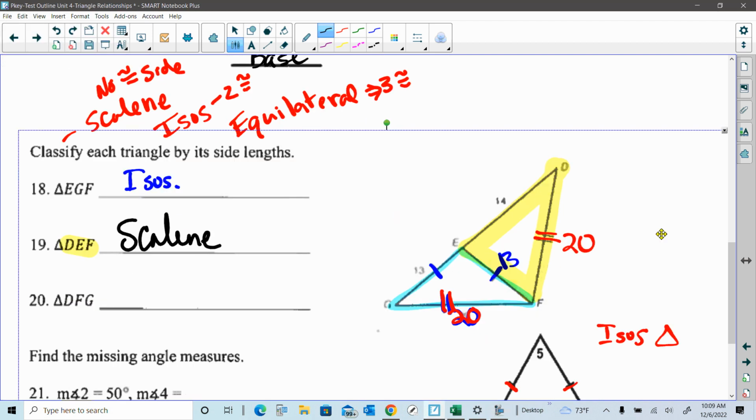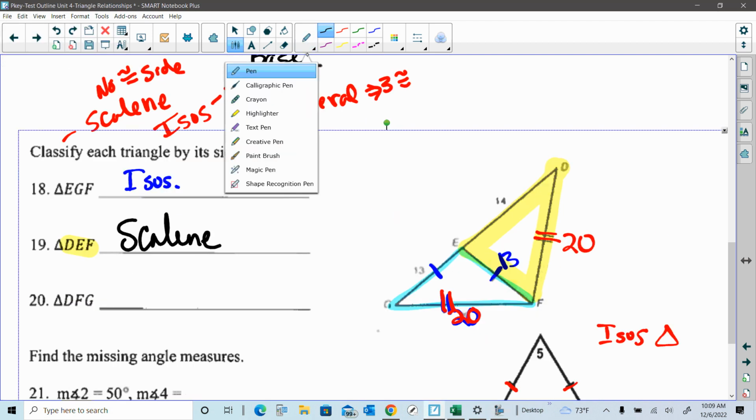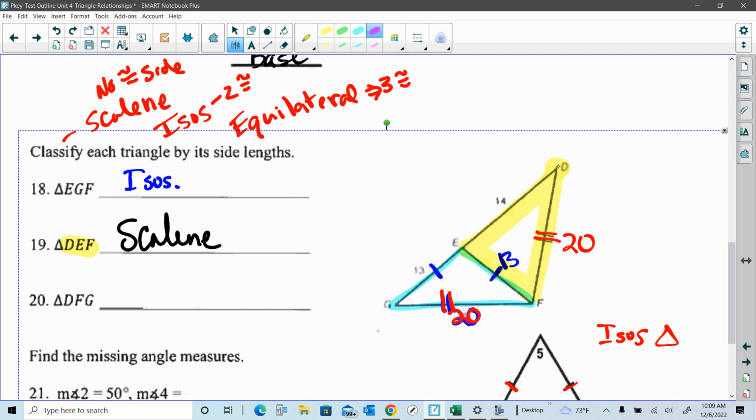And then for DFG, D to F to G, that's the whole triangle. And again, we have 2 sides that are congruent. So this last one was also isosceles.